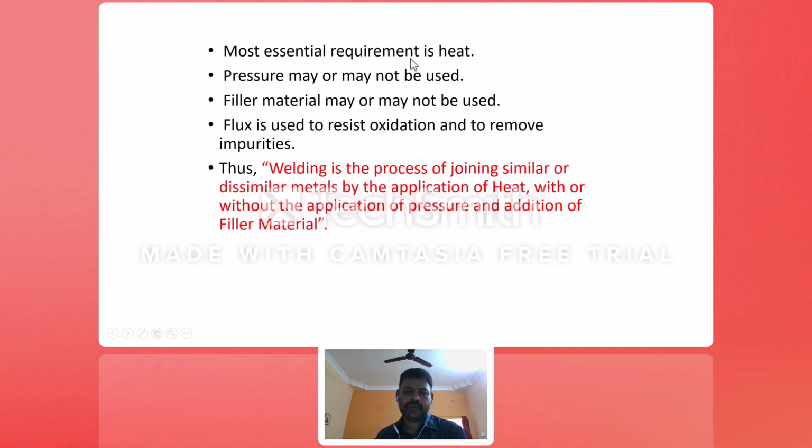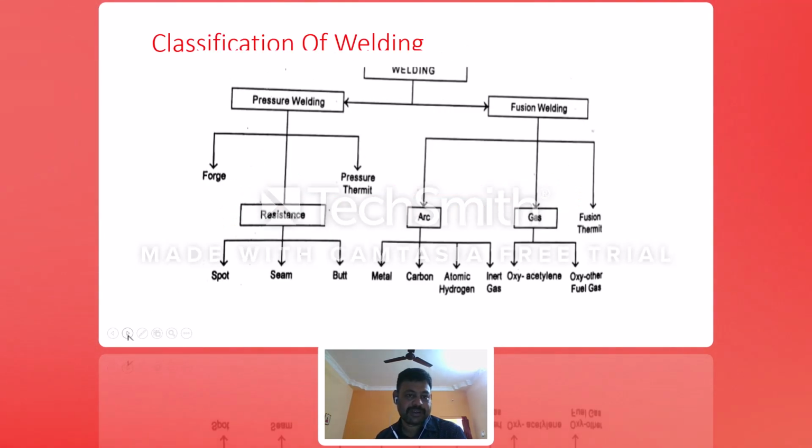So the most essential requirement in welding is heat; pressure is applied in some processes and not required in others. Filler material is used in some welding processes and not required in others. Flux is required in some welding processes and not in others. Therefore, welding is a process of joining two similar or dissimilar metals by application of heat. Right, this is the basic definition of welding.